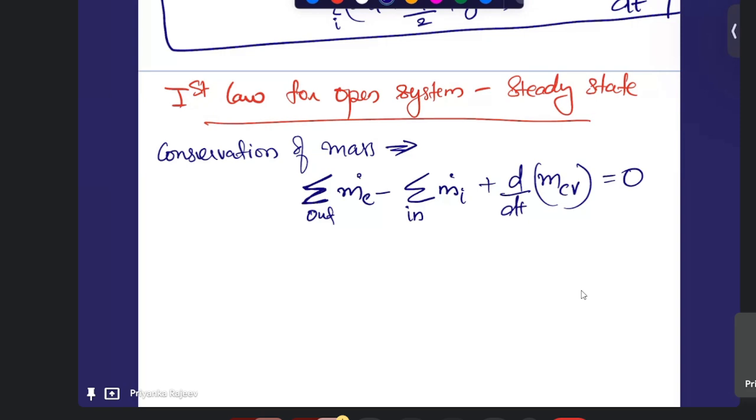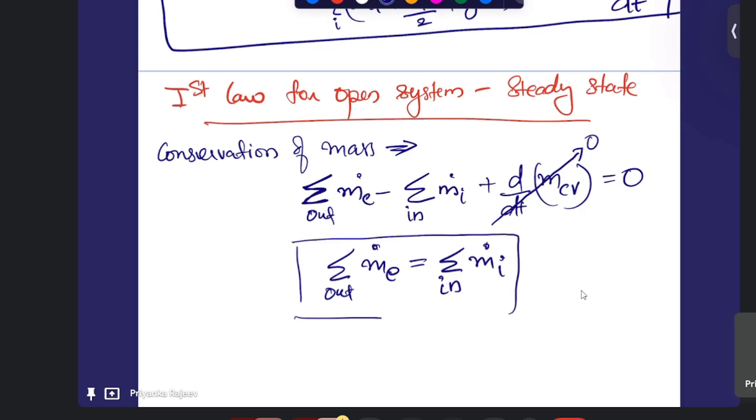Okay. Now in steady state, what will happen? Control volume mass is not going to change with respect to time. That means the mass exiting is going to be equal to the sum of mass entering. Okay, this is what we are going to get from conservation of mass.